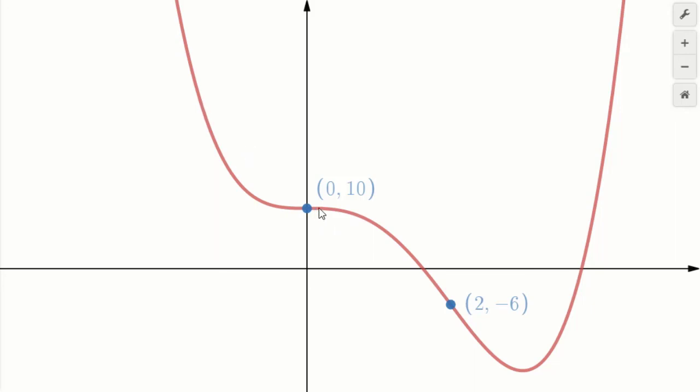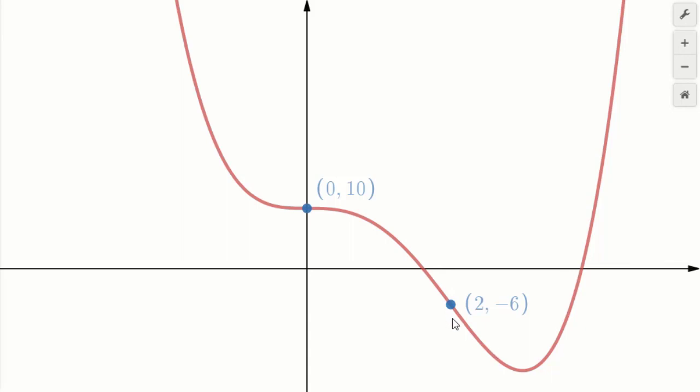And then this other piece, in the interval from 0 to 2, is pointing downward in a bent down shape. That's how we saw in our conclusion earlier that it was a downward concavity for this interval, between 0 and 2.